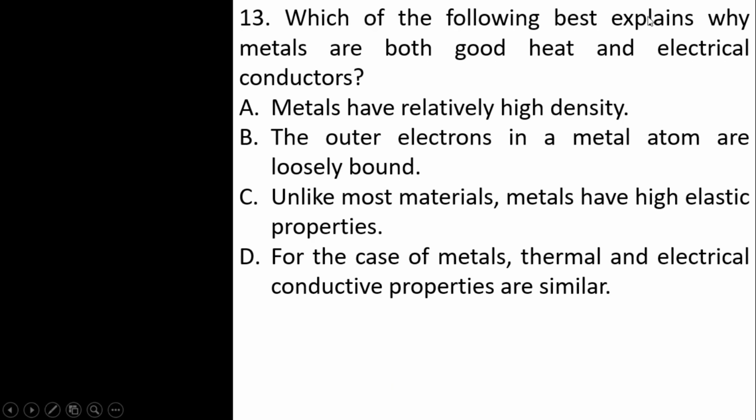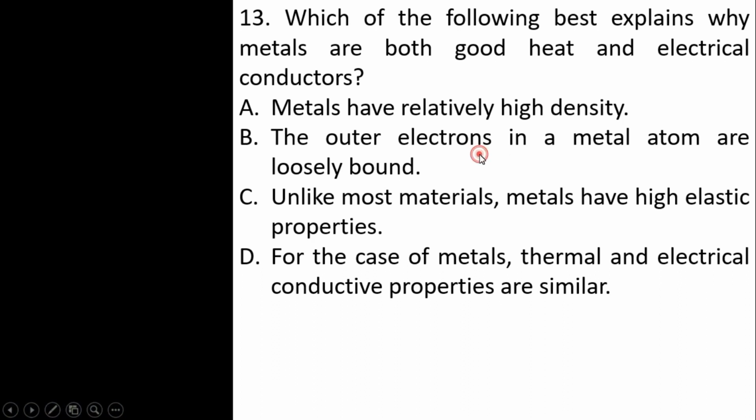13. Which of the following best explains why metals are both good heat and electrical conductors? So the reason for this one is the valence electrons of electrical conductors. Okay, most metals or electrical conductors, their valence electrons or outer electrons in their outer shell are loosely bound by the nucleus of the atom.